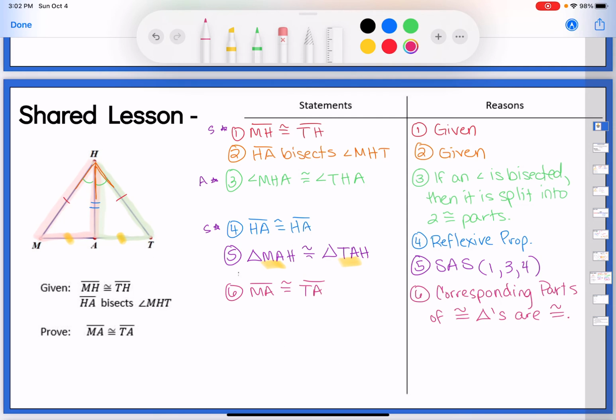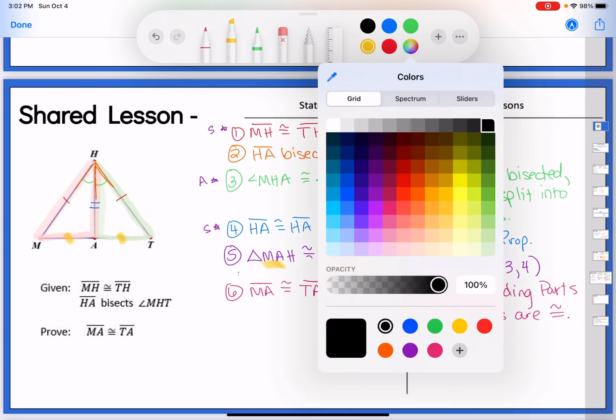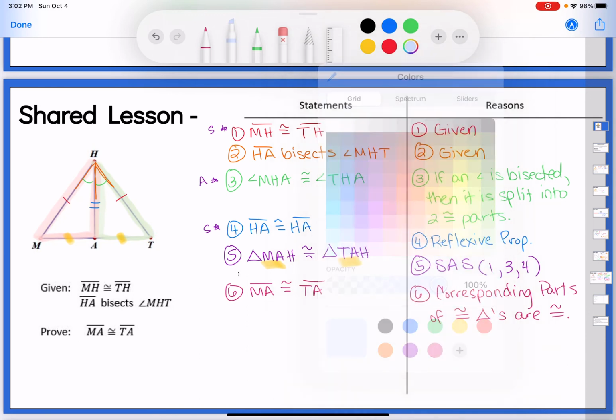You can use the symbols like I used, but please do not say CPCTC just yet because your brain has not recognized what those letters stand for yet. Your self-check here, in order to be able to use corresponding parts of congruent triangles are congruent, is to make sure that you have proven congruent triangles before you can use this idea of CPCTC.